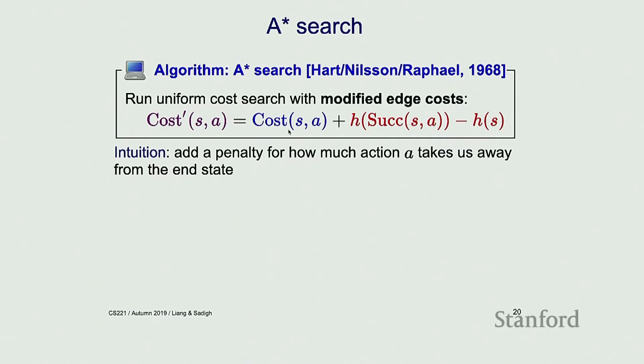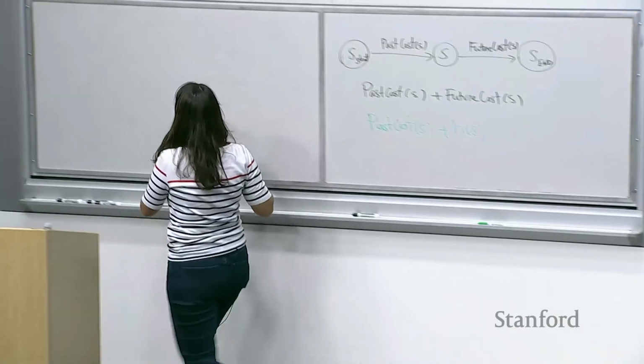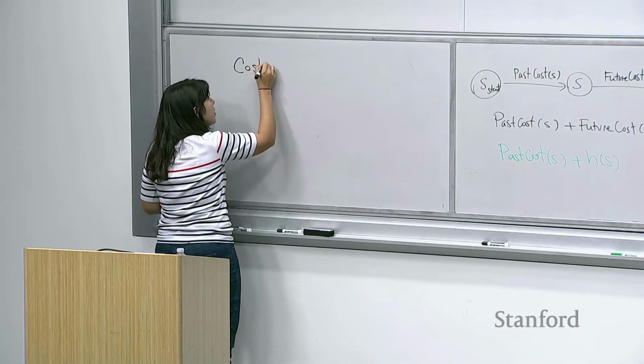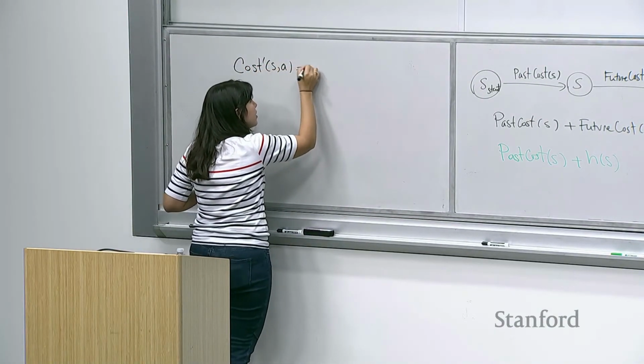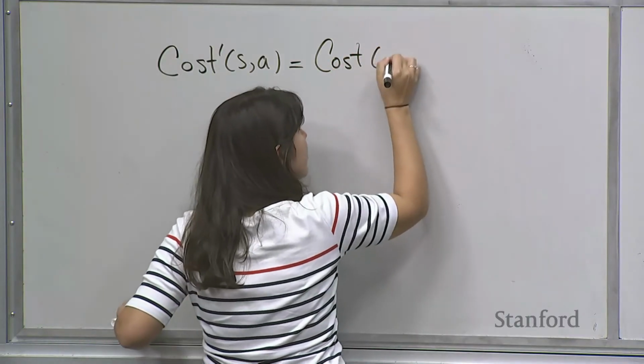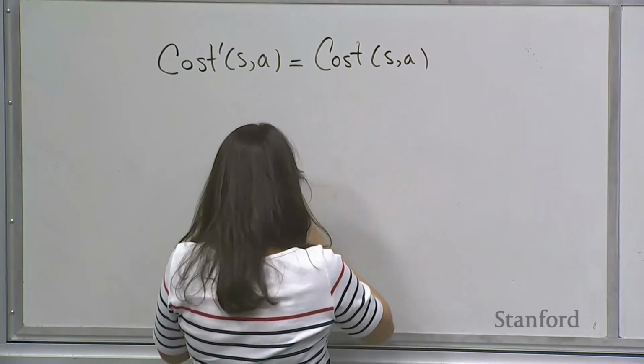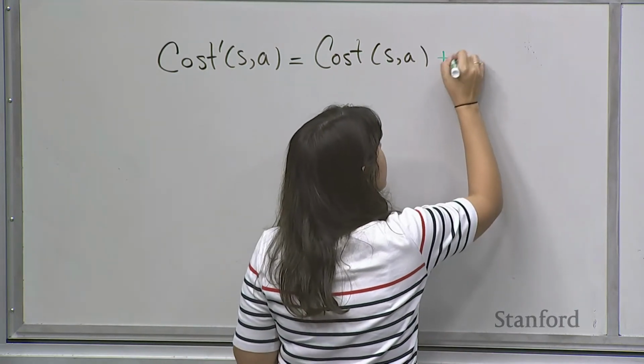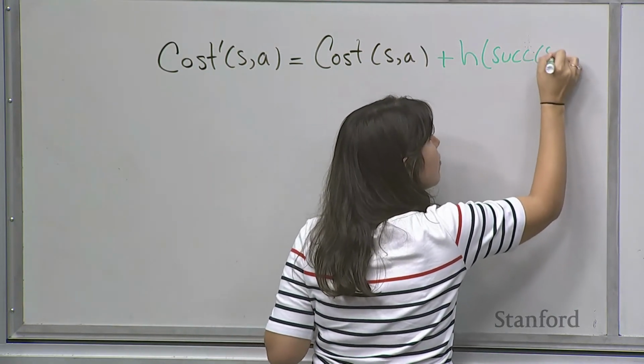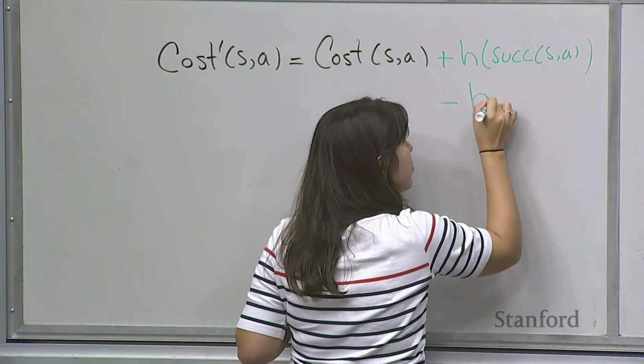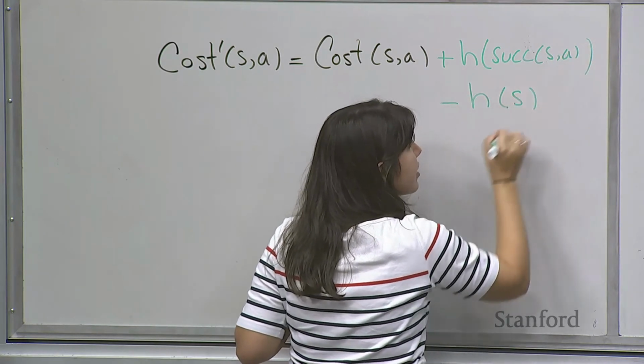Now I'm going to update my cost to be this cost prime of S and A, which is just cost plus the heuristic over the successor of S and A minus the heuristic over S. So that is the new cost, and I can just run uniform cost search on it. Well, what is cost prime of S and A equal to? That is equal to cost of S and A, which is what we had before when we were doing uniform cost search, plus heuristic over successor of S and A minus heuristic over S.